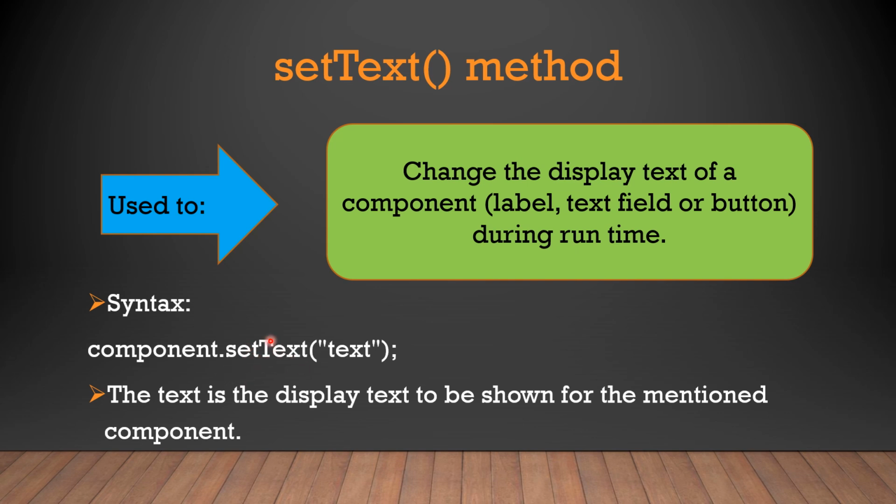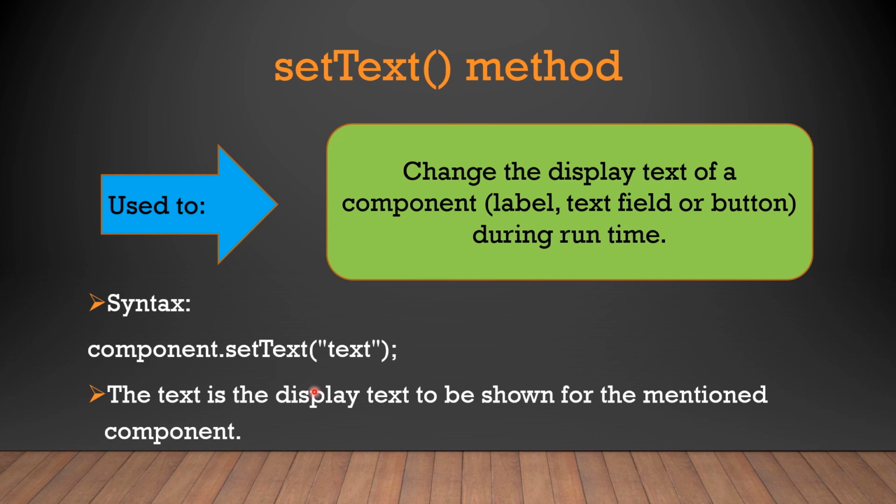You have to take care of capital and small letters because setText is to be written as it is, meaning S small, E small, T small, and then the T of Text will be capital and the rest again small. This is very important. You should not make any mistake. If you do, then it will show an error to you.